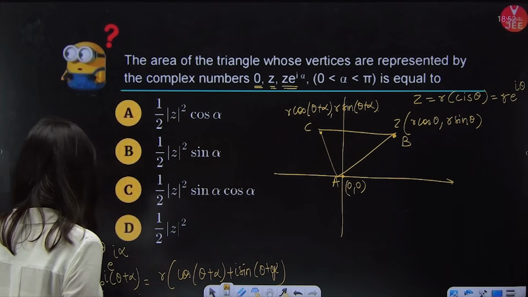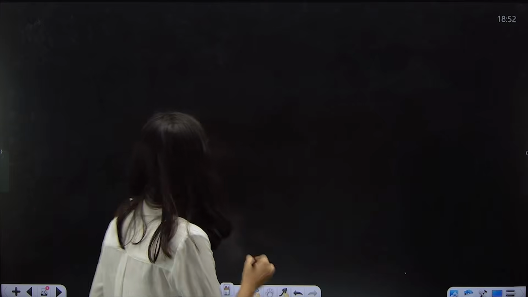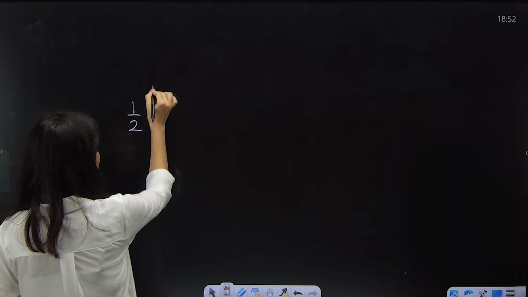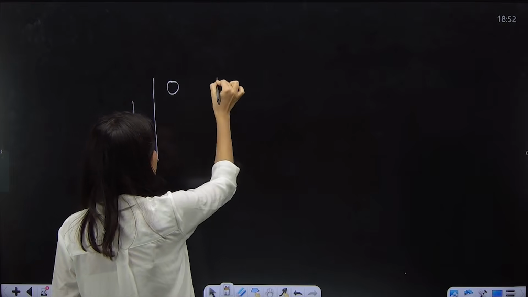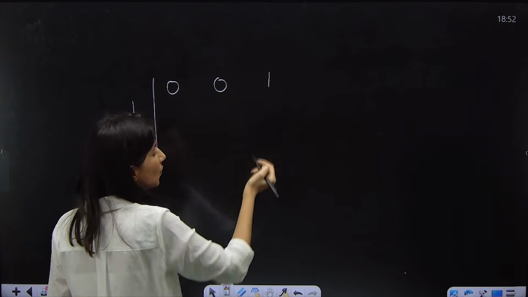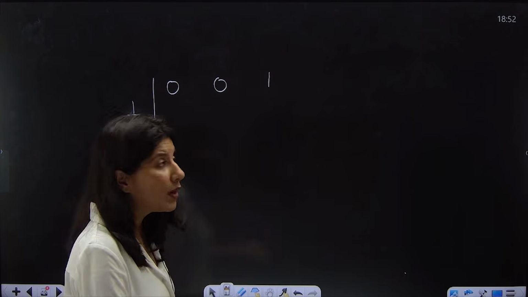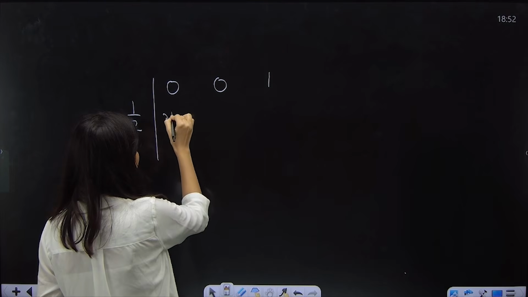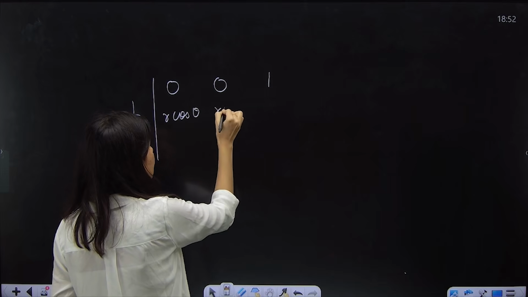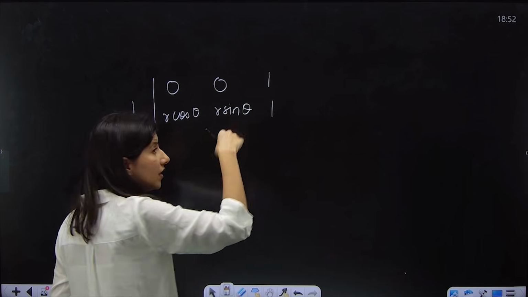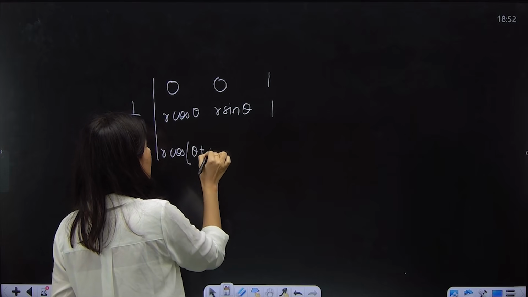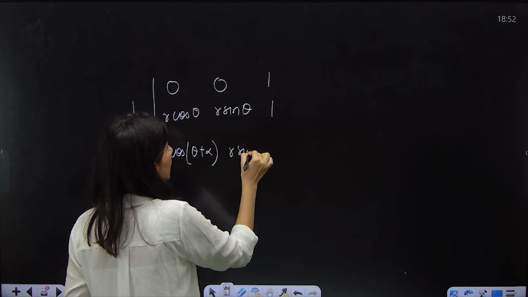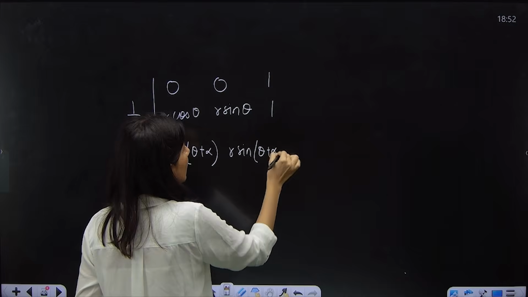What you need to do is you just need to apply that area of triangle formula, which is half x1 y1 1. So first coordinate is origin 0 0 1, x2 y2 1, second row. So r cos theta, r sin theta 1. Third coordinate r cos theta plus alpha, r sin theta plus alpha 1.